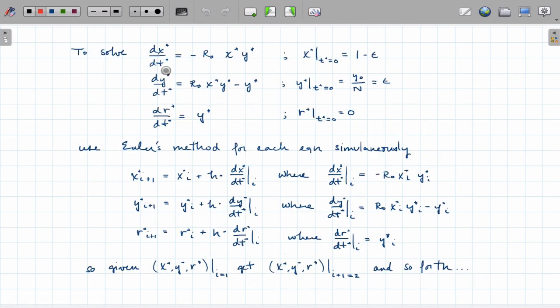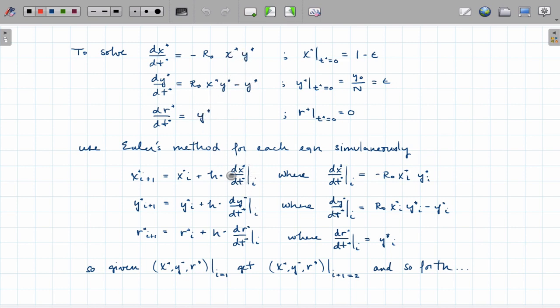Anyway, we now are going to take these differential equations and solve them using Euler's method. It's a little different because now we have to solve them all together simultaneously. And that's because the derivatives depend not just on x or on y, they depend on x and y always.